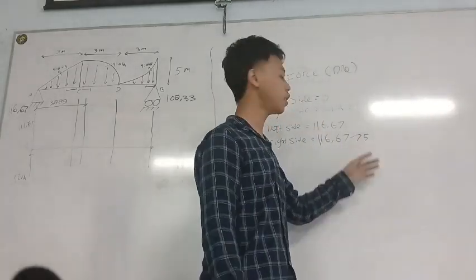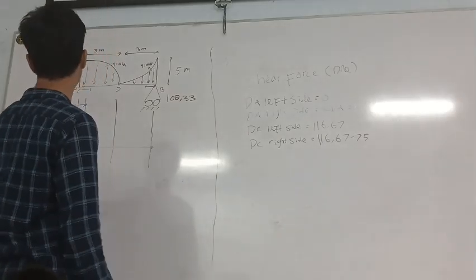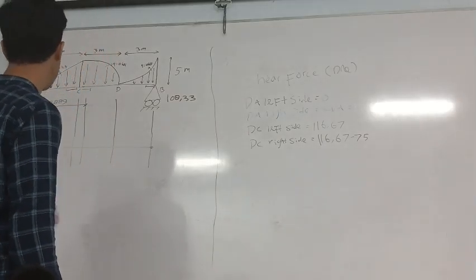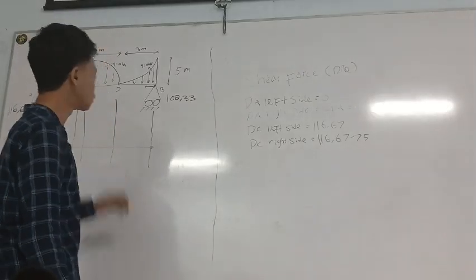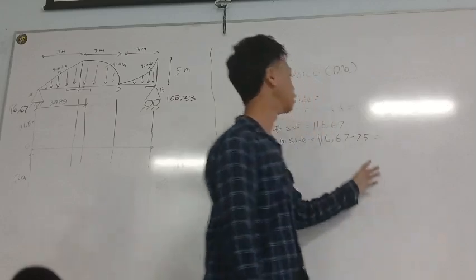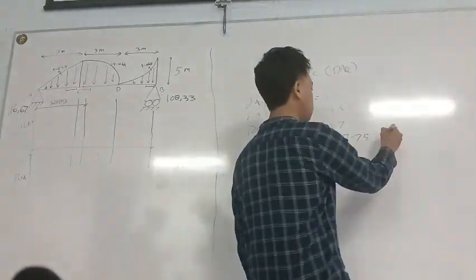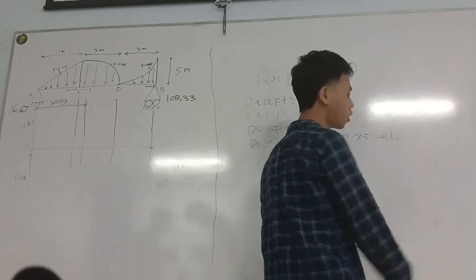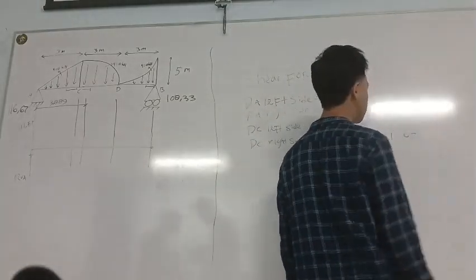So 75 comes from the force between TA and DC. So the answer is 41.67.